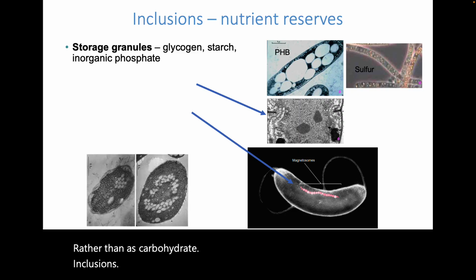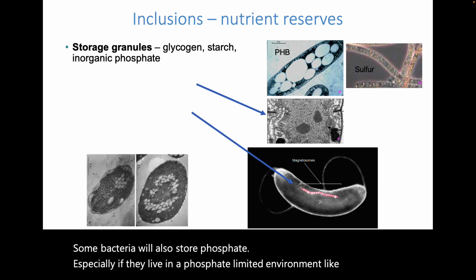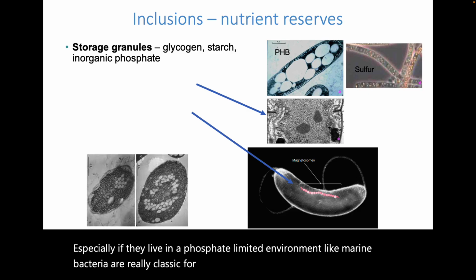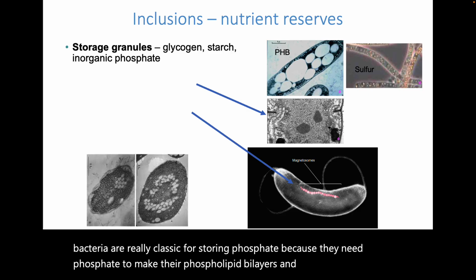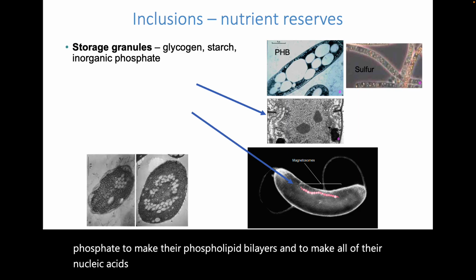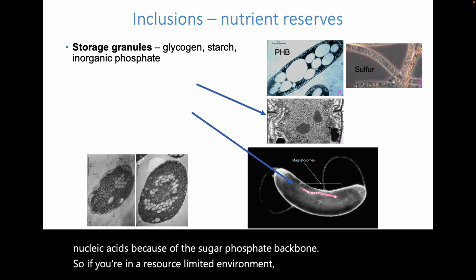Some bacteria will also store phosphate, especially if they live in a phosphate limited environment, like marine bacteria are really classic for storing phosphate because they need phosphate to make their phospholipid bilayers and to make all of their nucleic acids because of the sugar phosphate backbone. So if you're in a resource limited environment, you try to store that resource whenever you come across it.